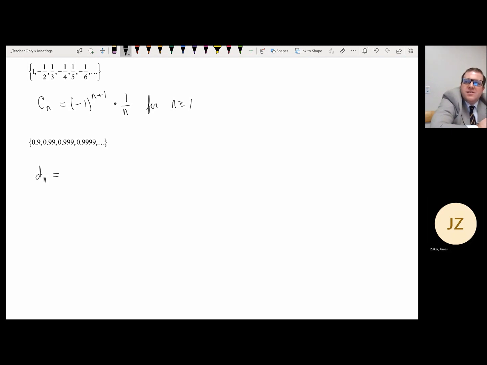0.9, 0.99, 0.999, 0.9999, so on and so forth. One minus 0.1 to the n. 0.1 to the n?